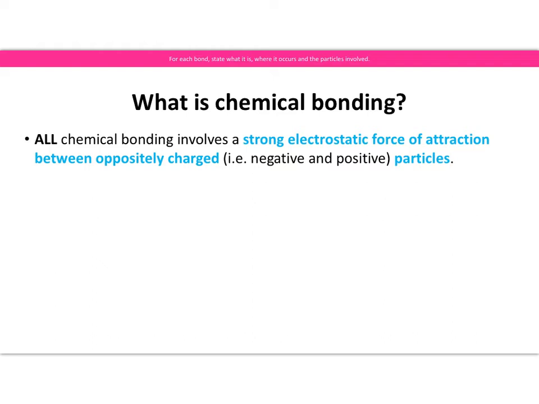This will become clearer, but there will always be opposite charges and always a strong electrostatic force of attraction. But what those oppositely charged particles are is going to differ in the three types of bonding.